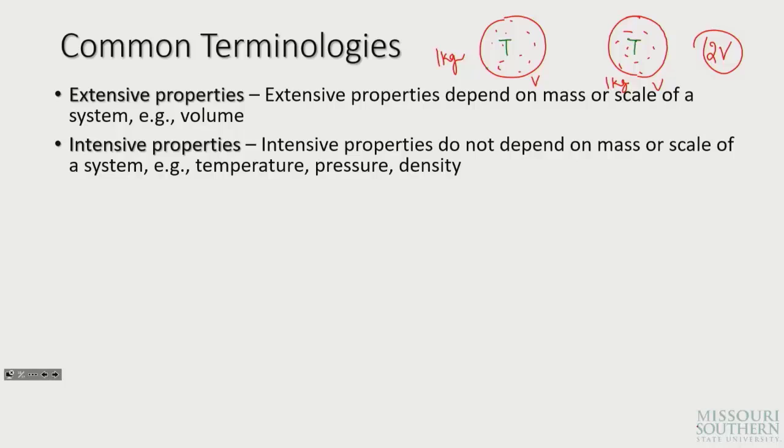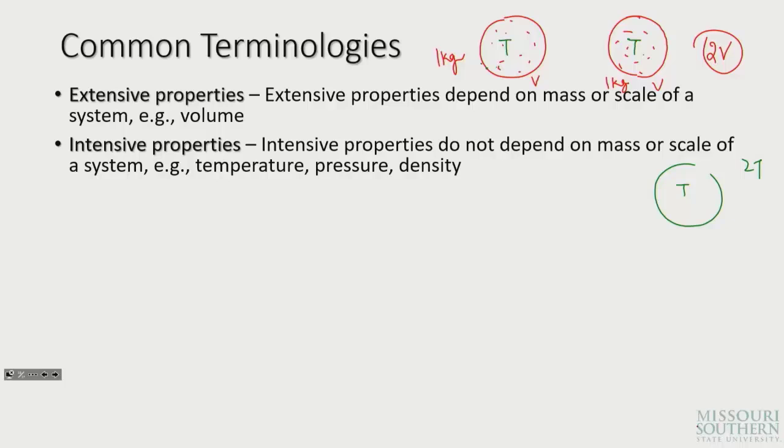If we add these two samples, the resultant will have temperature T. The temperatures won't add up. Okay, you won't get 2T. The temperature will still be T. So those kinds of properties that do not depend on the mass or the scale are called intensive properties.